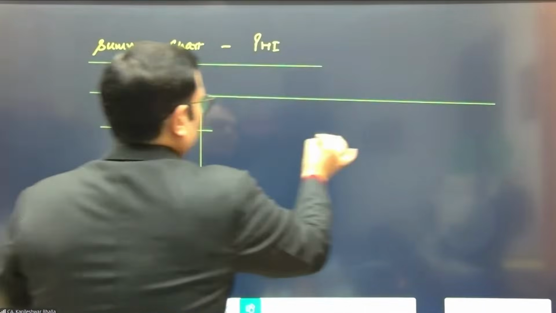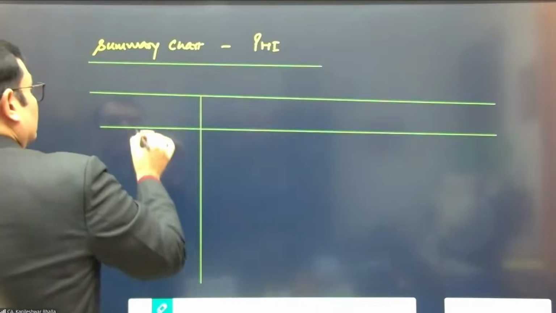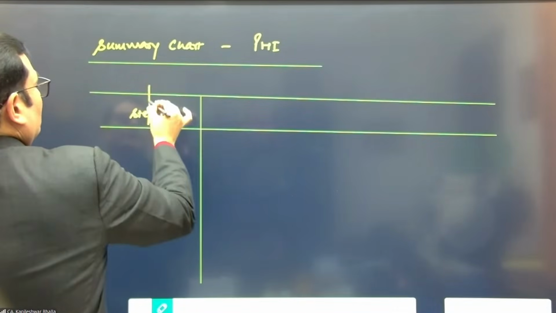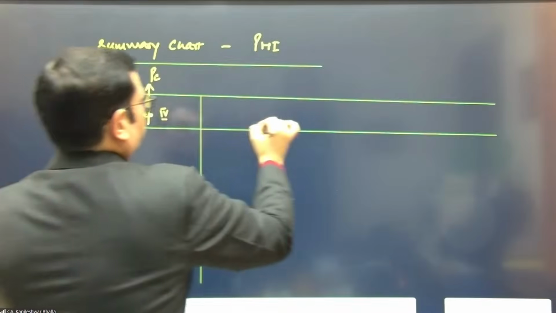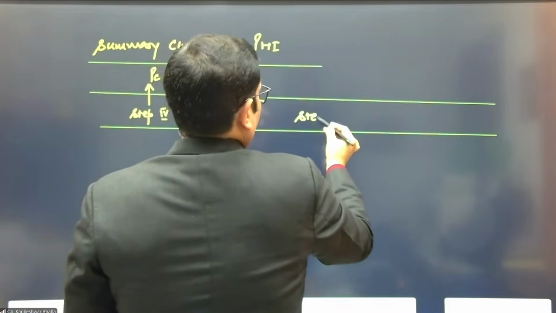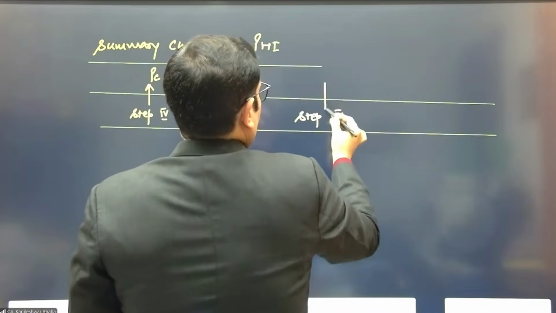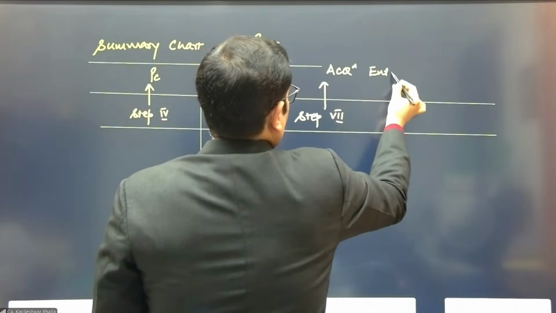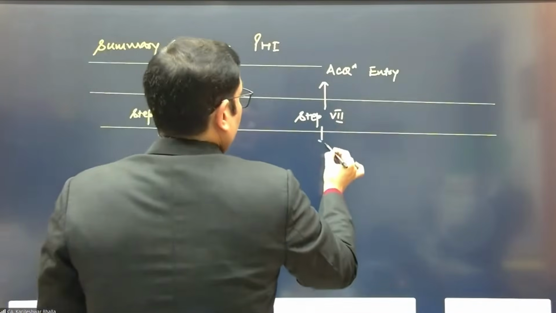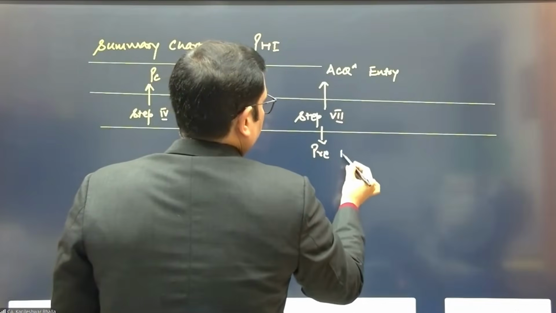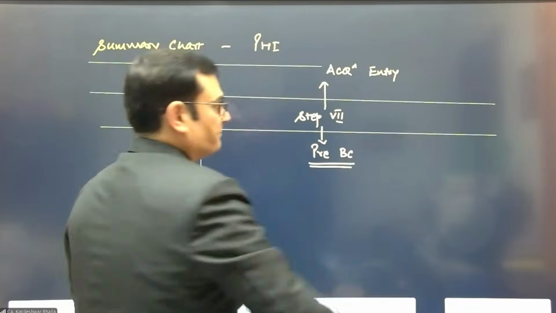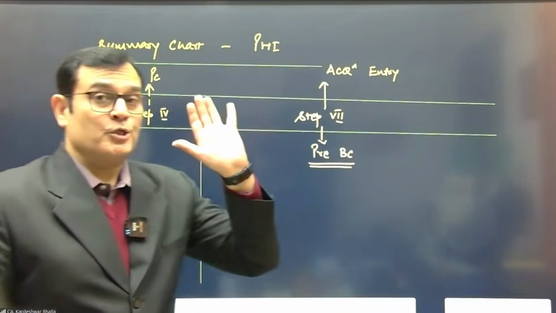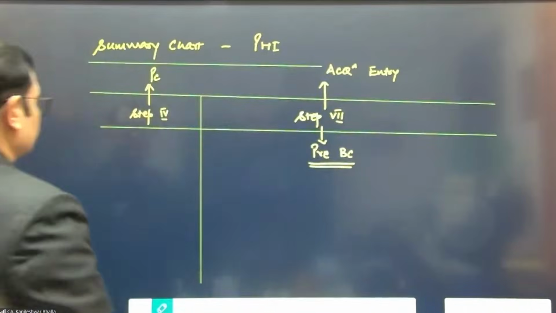So let's look at the 2 impacts. Let's look at the impact in step number 4 when you calculate a purchase consideration, and the impact in step number 7 when you put the acquisition entry. And trust me, here the focus will be only on entries in the pre-business combination period, not in terms of the acquisition.